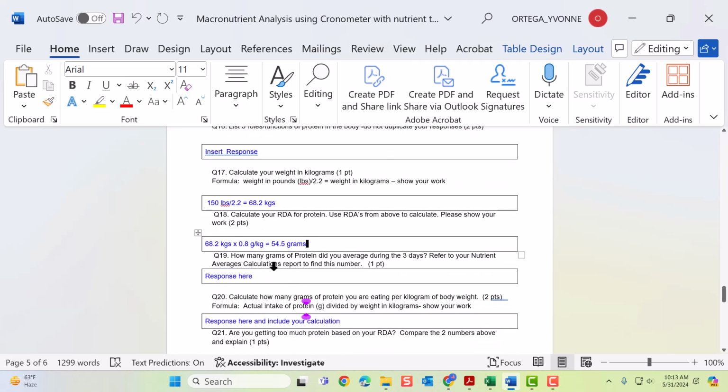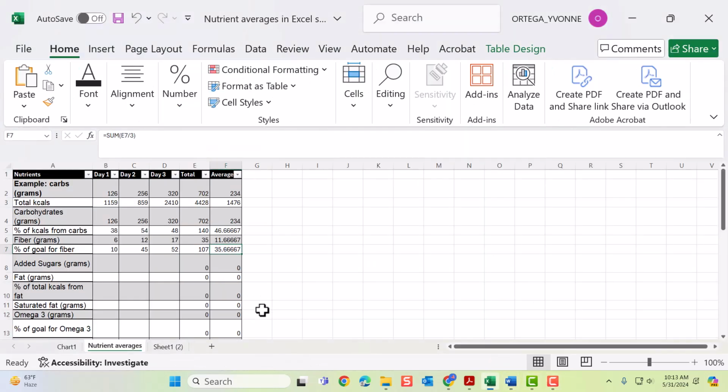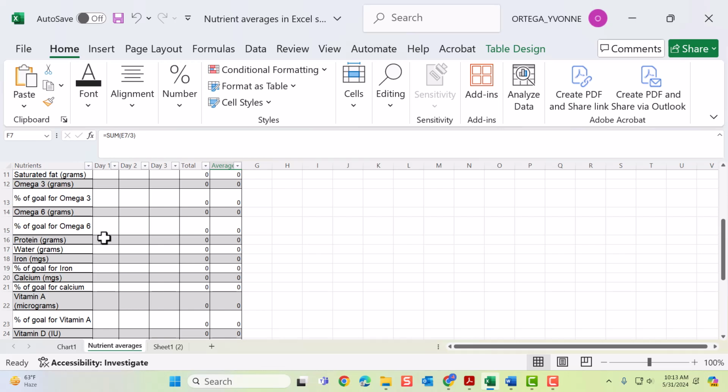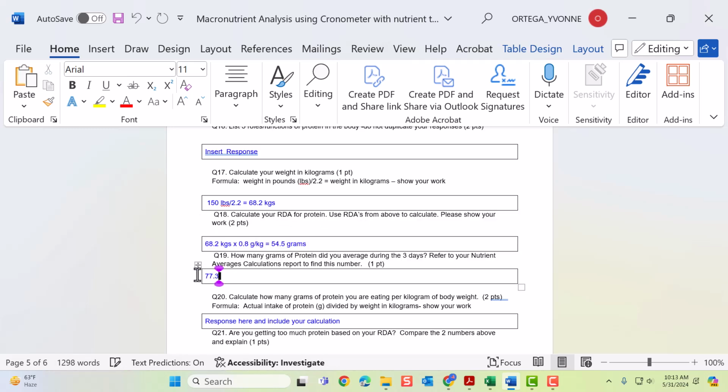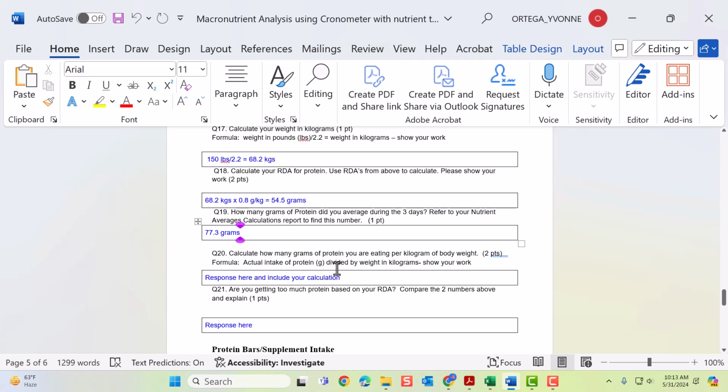Now, if you go to your nutrient averages report, you would write down what your grams were every day. So let's say I had 56 and, I'm on a really high protein diet and I have a lot of supplements, I'm really trying to get more protein in, I have 77.3 as my average. So that was from your days, your calculations. Then the next question says, how many grams of protein are you eating per kilogram of weight?